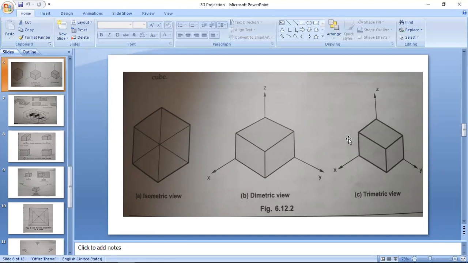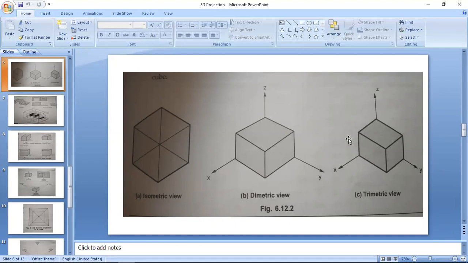So what is meant by axonometric orthographic projection? In which you can get the different projections or different views of your single object, like the top view, front view, side view, right? So that is nothing but the axonometric orthographic projection.